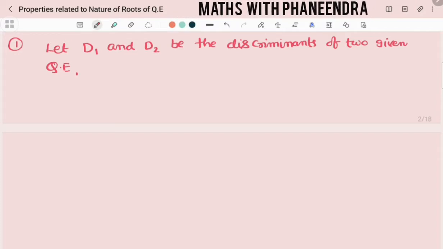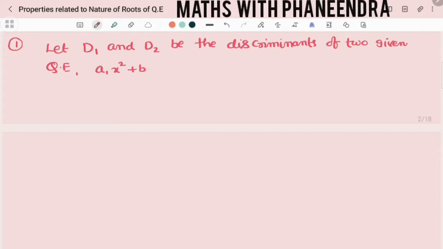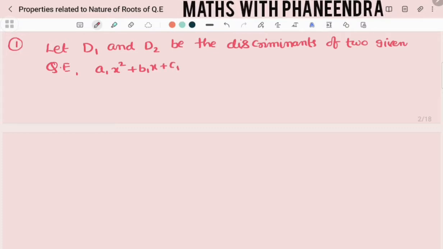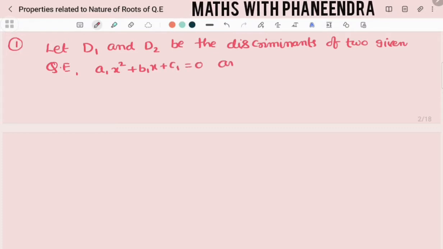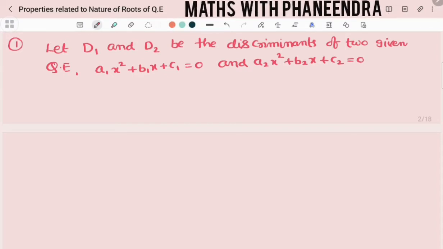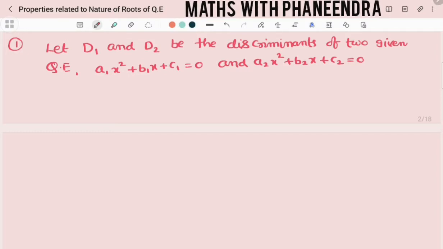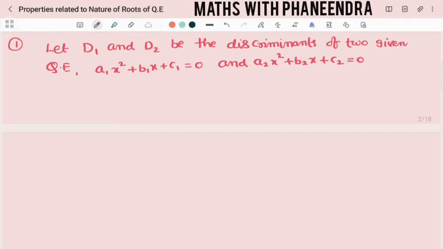Let us consider that the quadratic equations are a1x square plus b1x plus c1 equal to 0 and a2x square plus b2x plus c2 equal to 0. D1, D2 are the discriminants of these two quadratic equations.